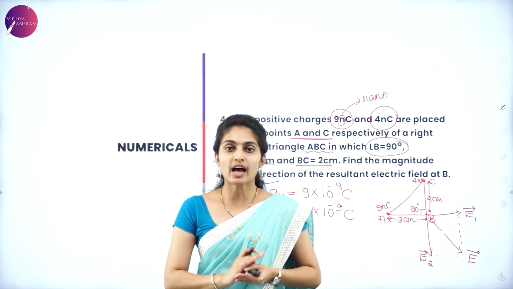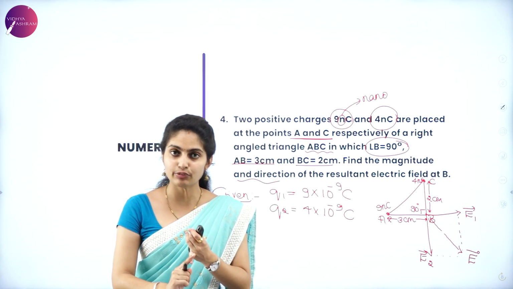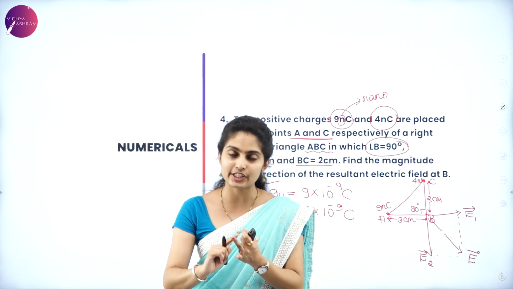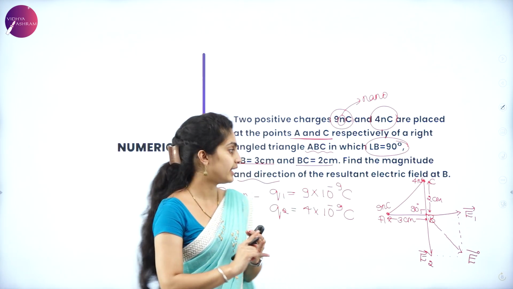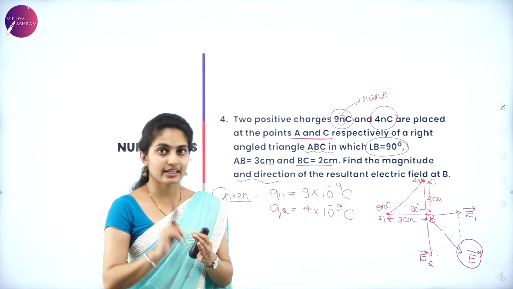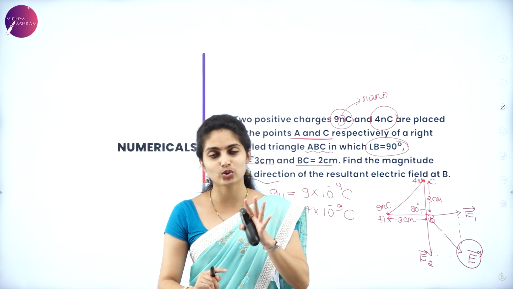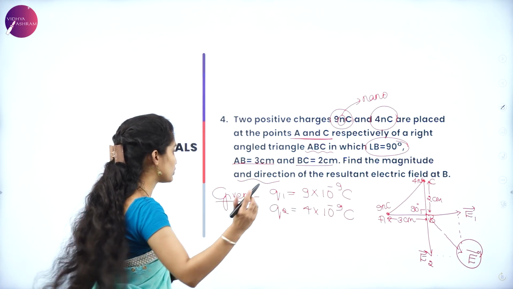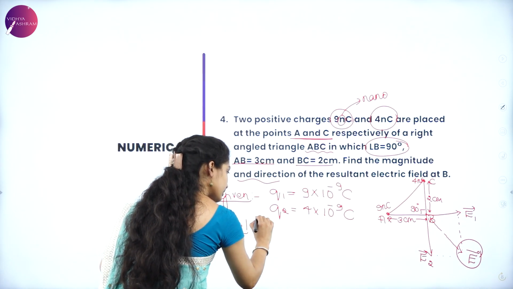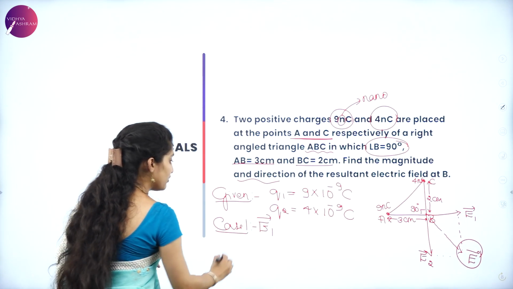So now we will have to check what E1 is and what E2 is first. Only if you have E1 and E2 can you go on to the total electric field, that is E. So here there are 4 cases. Case 1, let us identify the electric field E1.